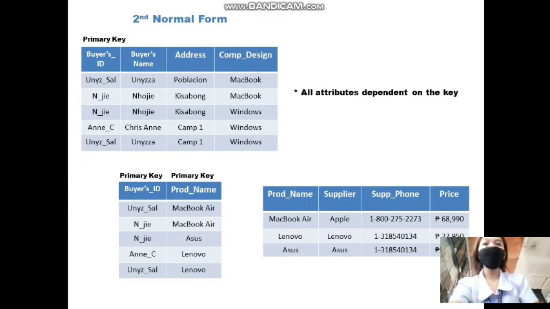The buyer's name, Uniza, purchased a MacBook Air. Then Noji also purchased a MacBook Air and an Asus. So Noji purchased two products. So the table indicates a single value and specifies their dependents.